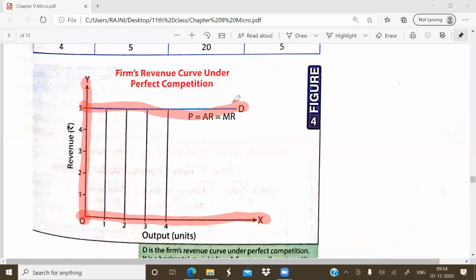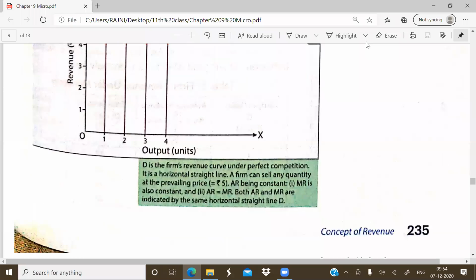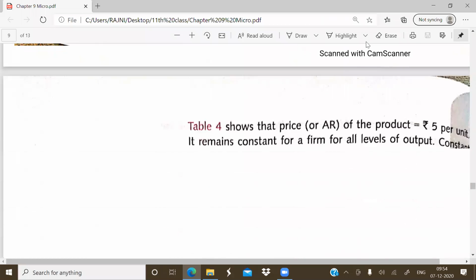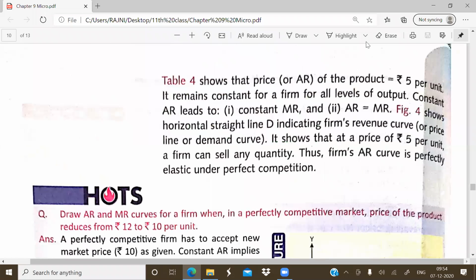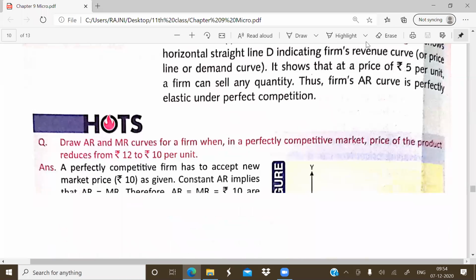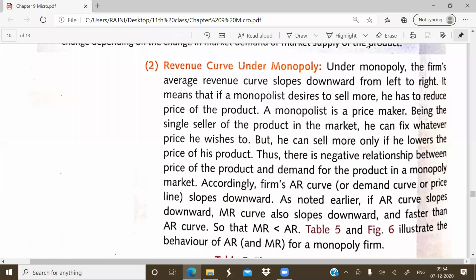At this price a firm can sell any quantity, either 1, 2, 3, 4, anything. But if a firm tries to change the prices, it cannot stand in the market. So this is the simple situation of the revenue curve under the case of perfect competition.